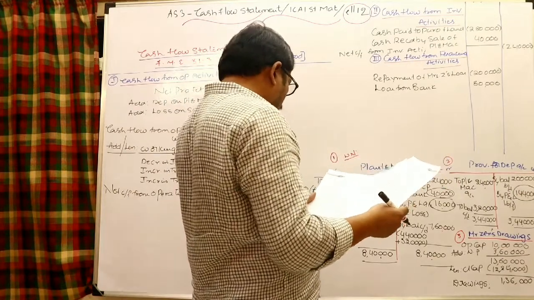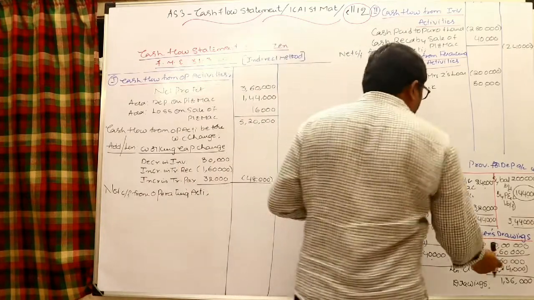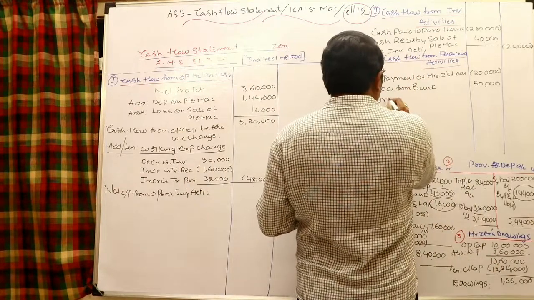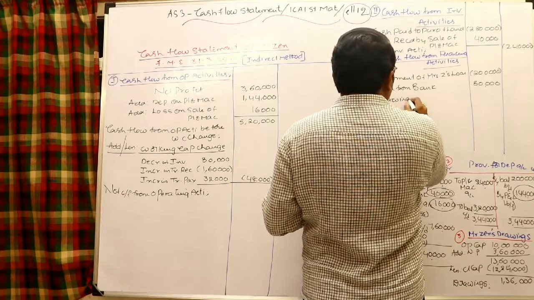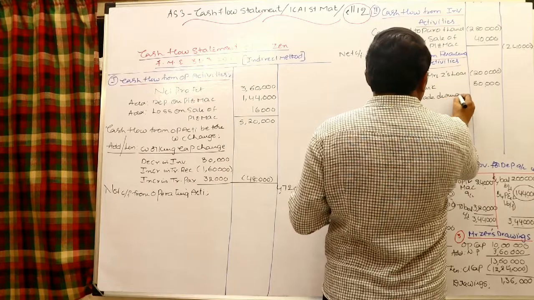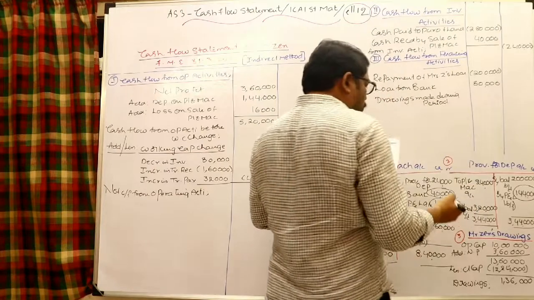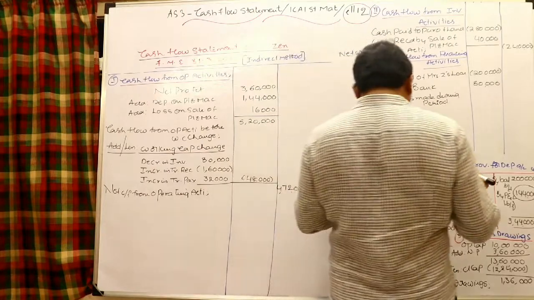Okay, and moreover drawings made during the period, 1,36,000 by the proprietor. Drawings made during the period is also a financing activity, 1,36,000.